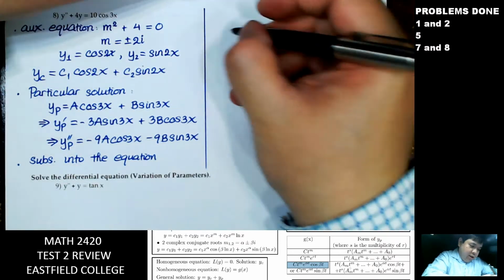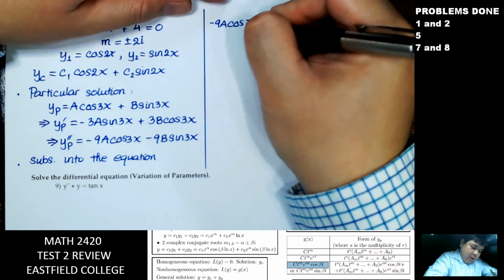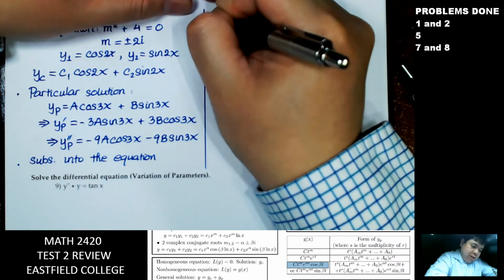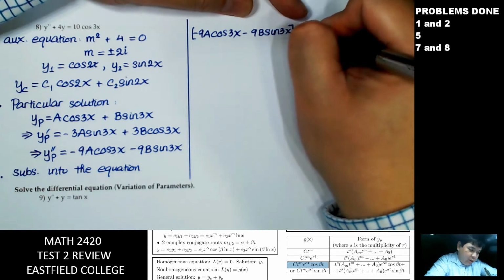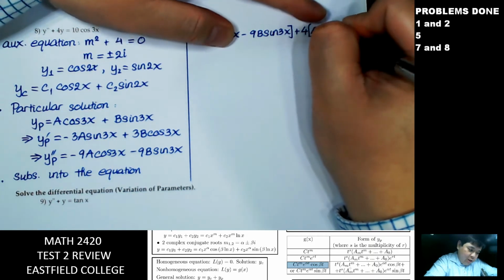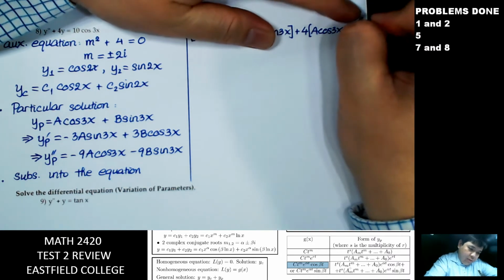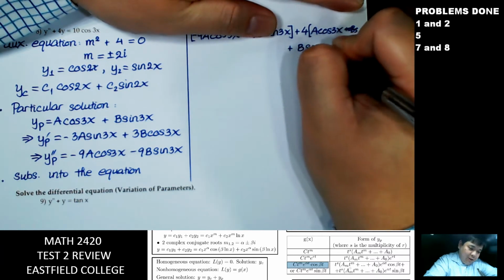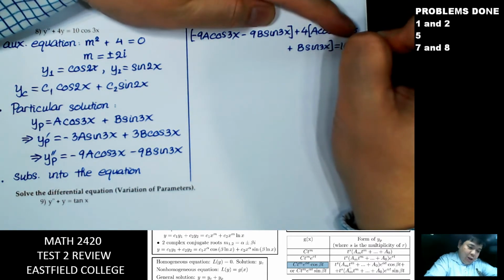Second derivative is this, so we have negative 9a cosine 3x minus 9b sine 3x plus 4 times the function, equal to 10 cosine 3x.